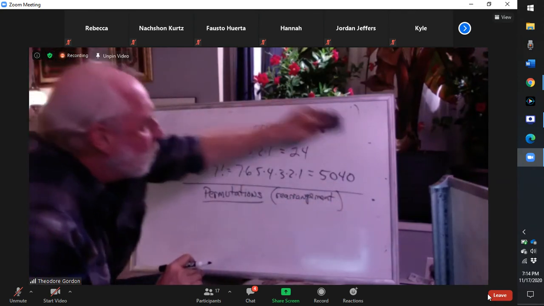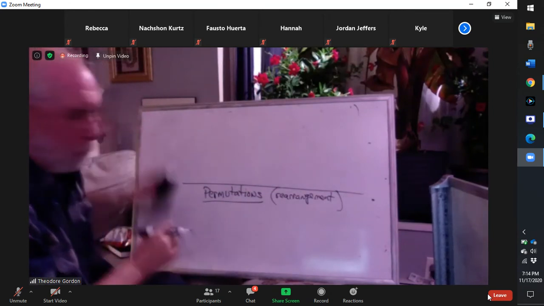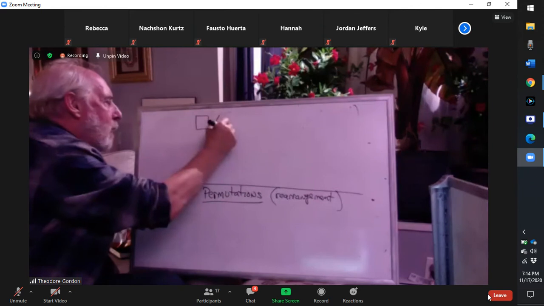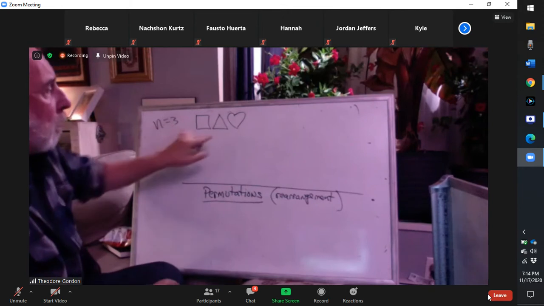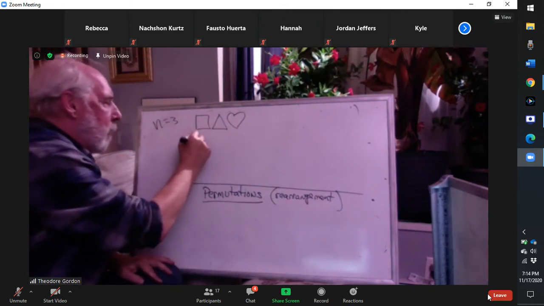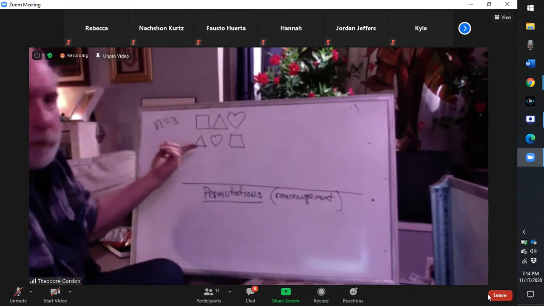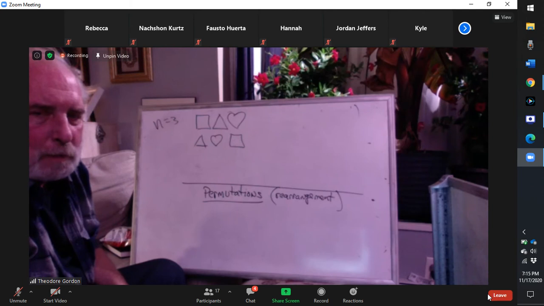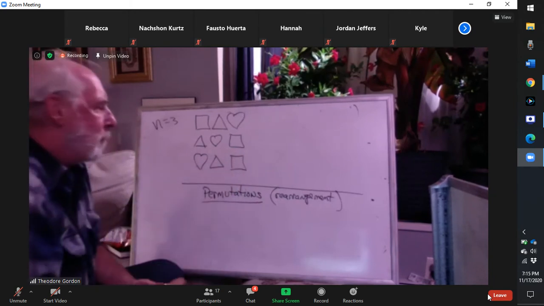So for example, if I have three objects, a square, a triangle, and a heart. One way I can shuffle these around would be to write it as a triangle, a heart, and a square. What's another way I could rearrange those three objects? Heart, triangle, square. Is that it?